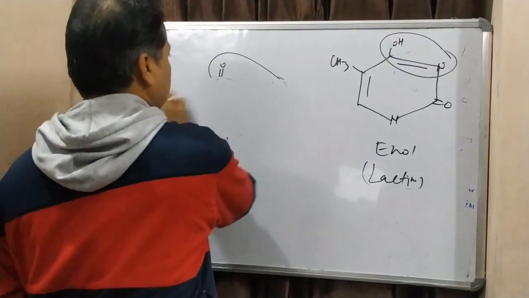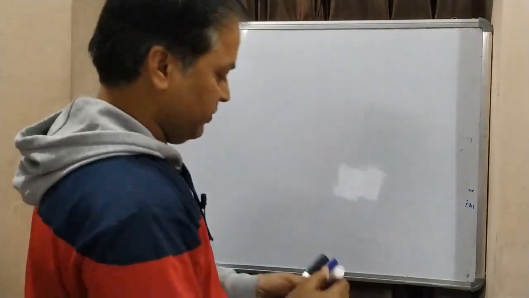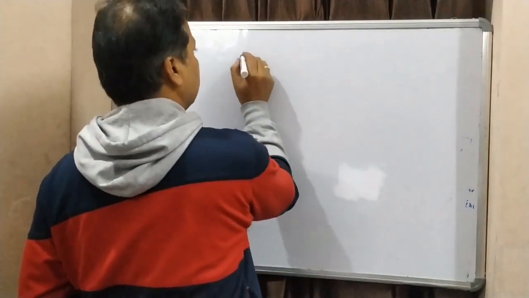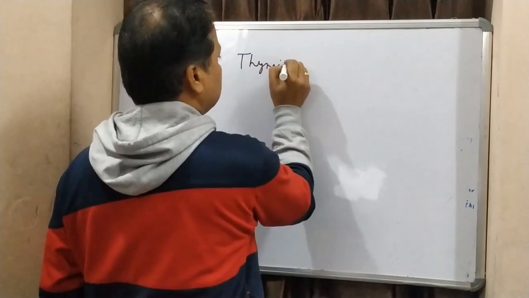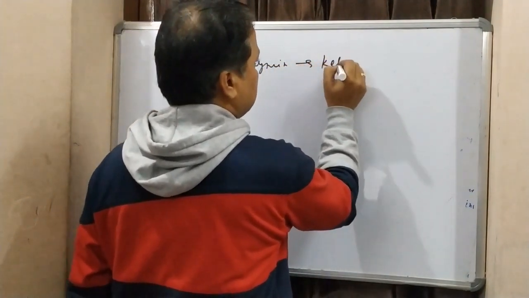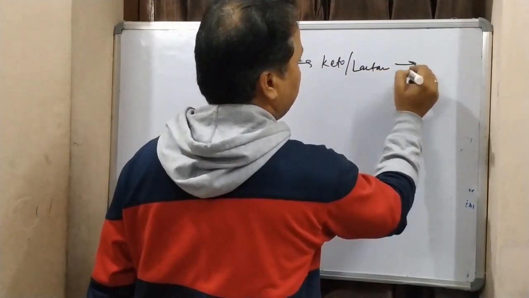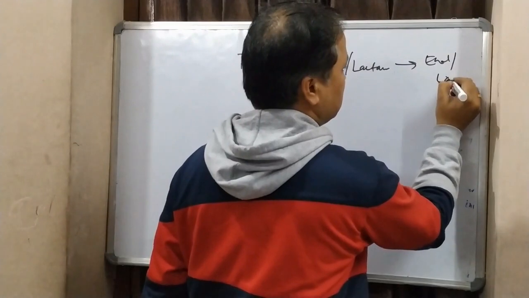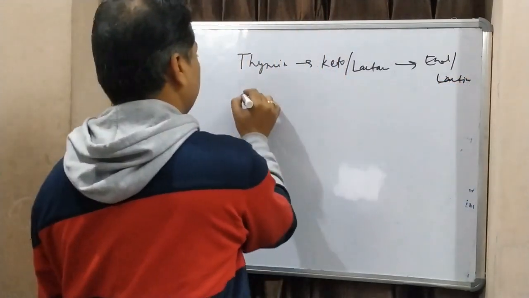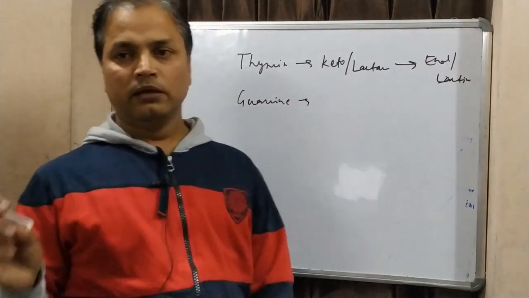So if you write it, thymine, we have keto or lactam, and enol or lactim.